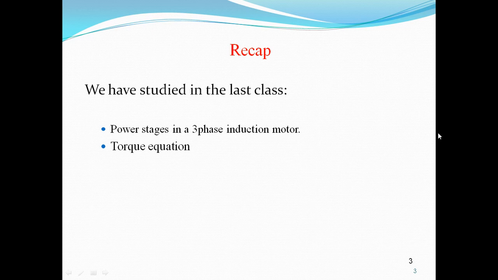So he will ask sometimes for 1 mark or 2 marks. What will he ask? He will ask why the rotor slots are not made parallel to the shaft axis, why they are skewed at a certain angle.